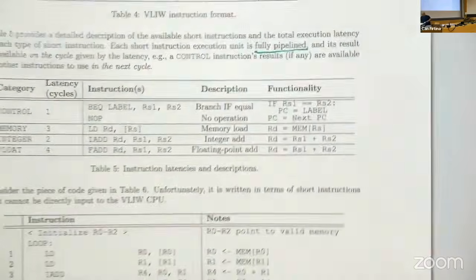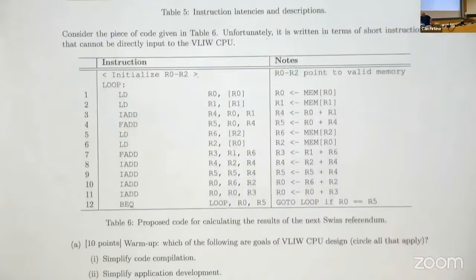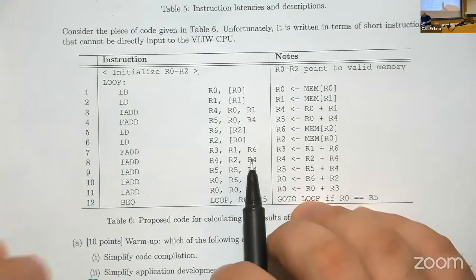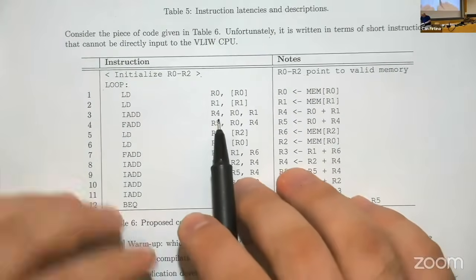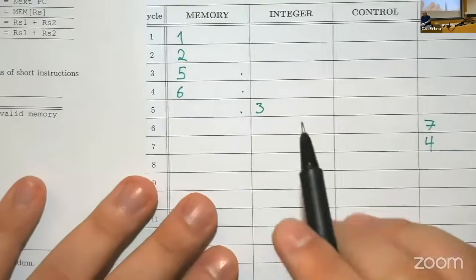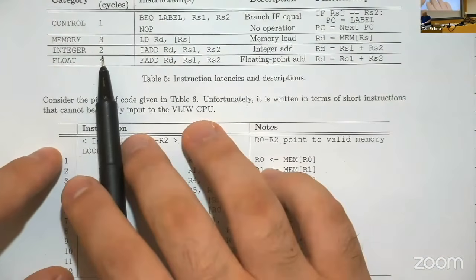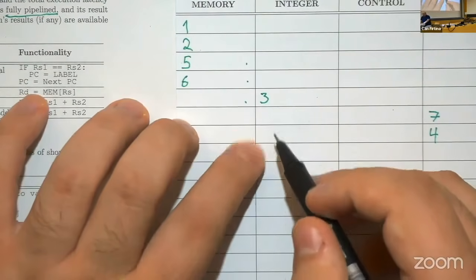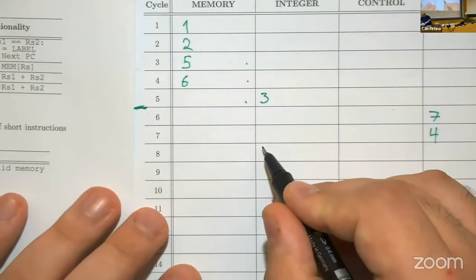Cool. Now, we have a bunch more integer additions. This one here, instruction 8, depends on R2 and R4. R4 is modified by instruction 3, which is here. And we know that integer instructions have a latency of 2 cycles. So based on this dependency, the earliest that we could schedule instruction 8 would be here.